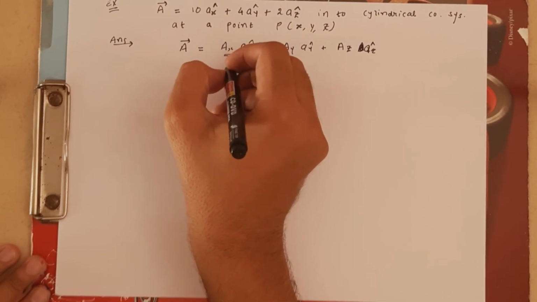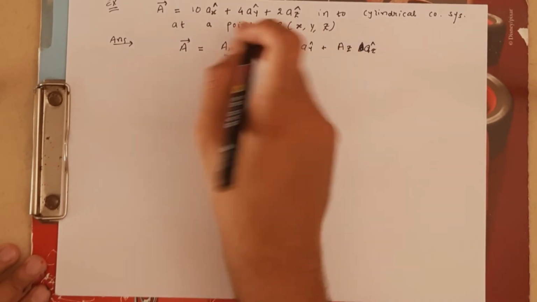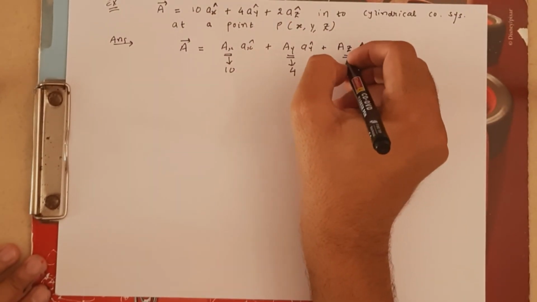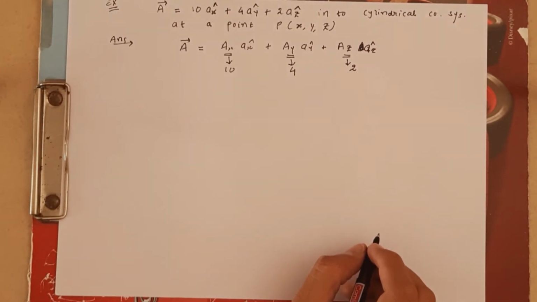What is the value of Ax? The value of Ax is 10. The value of Ay is 4. It is given already. And the value of capital Az is 2. These are given in the example.